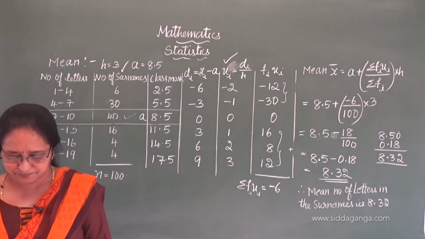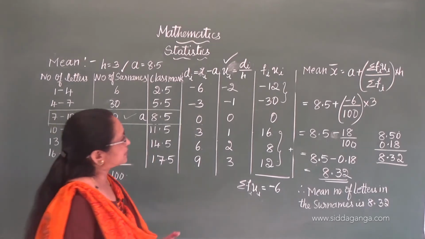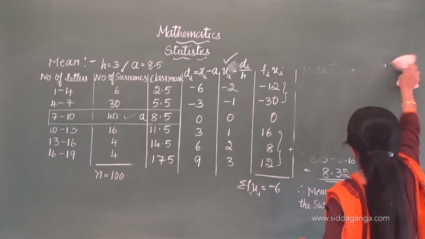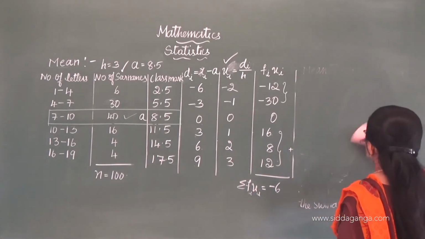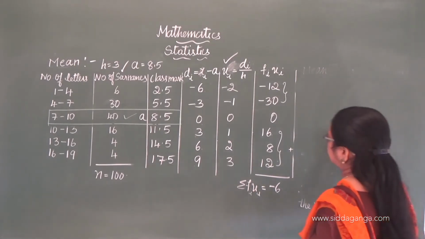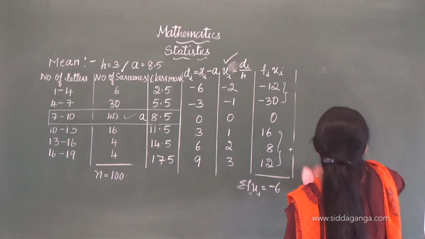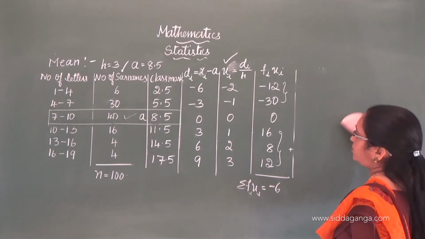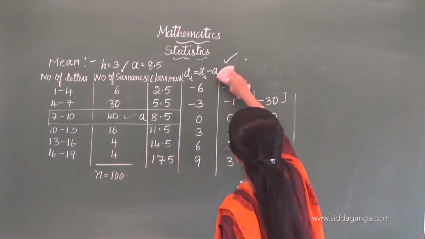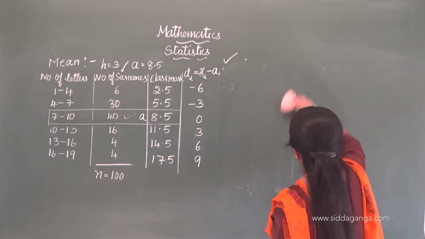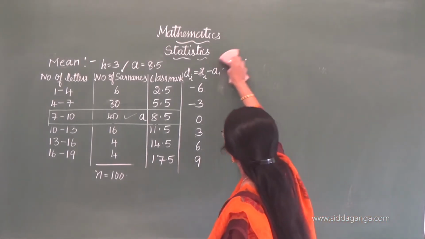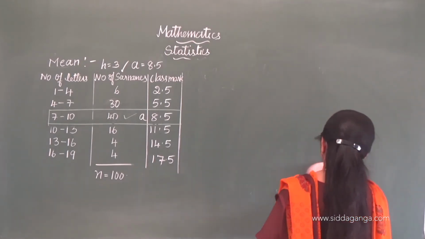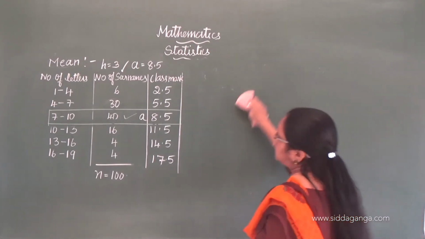I will just rub only this part. So the answer you write, 8.32 is the mean. We can rub this also. So you need not draw the column once again. With this column I think you can work it out. If you want, you can put one more column also.